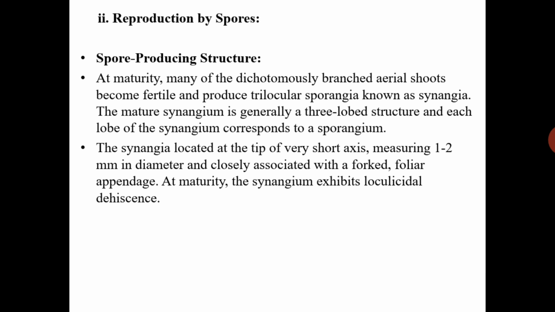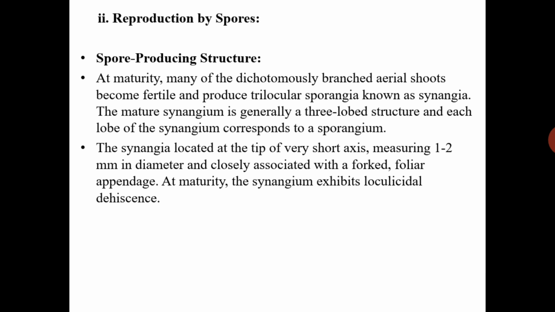So next, reproduction by spores. Spore producing structure: at maturity, many of the dichotomously branched aerial shoots become fertile and produce trilocular sporangia known as synangia.